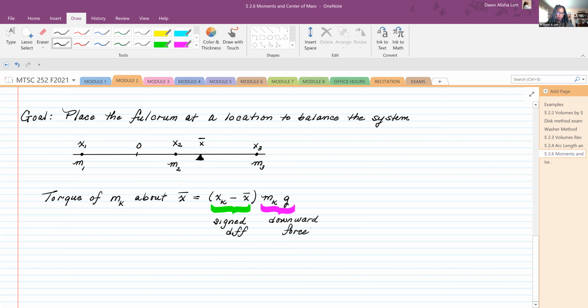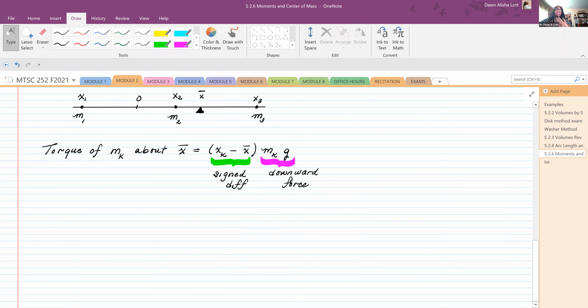All right. So now I want my system in balance. That means I can't have a positive torque or a negative torque. My system in balance means the sum of the torques is 0. So for a balanced system, in other words, where these children are sitting on this seesaw, I need the sum of their torques to be 0.